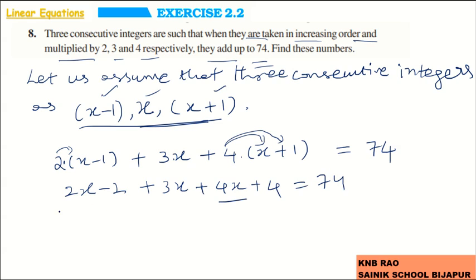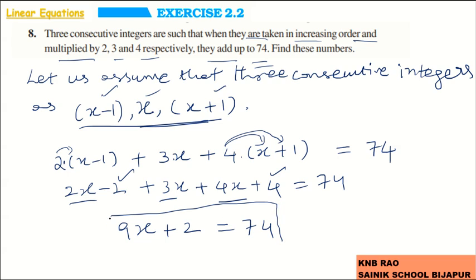Here the like terms are 4x, 3x and 2x. Their summation is 9x, and the other like terms are minus 2 plus 4, whose simplification gives you plus 2, equals 74. Now here is the equation formed.